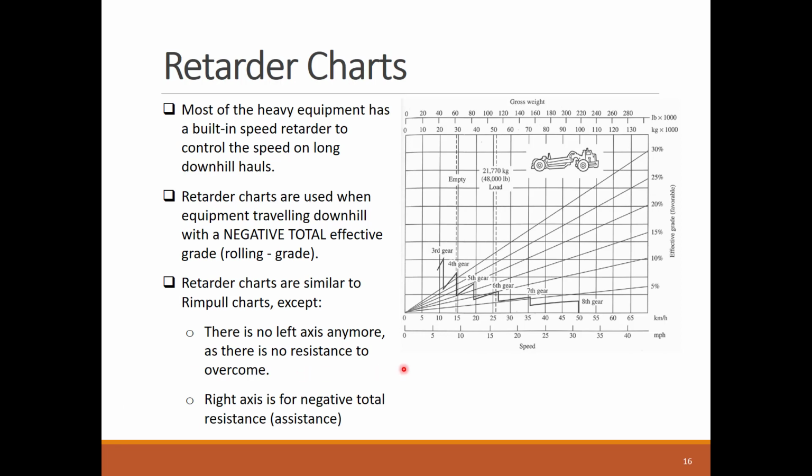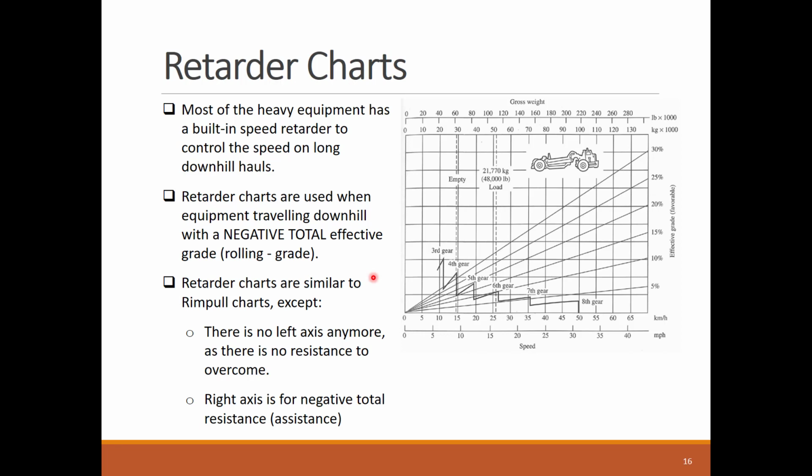I'm sure you experience that when driving on a downhill road. For such operation cases, we will need a different performance chart called the retarder chart. It looks very similar to the rimpull chart, but you can see we are missing the left rimpull axis, as the engine is not really the one moving the equipment.